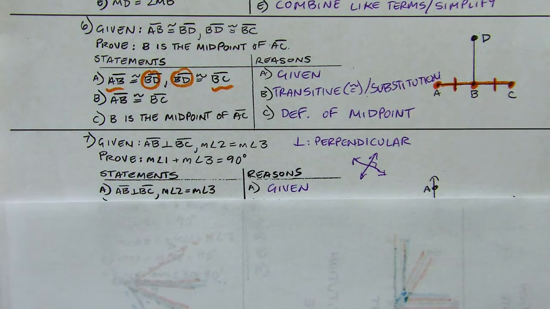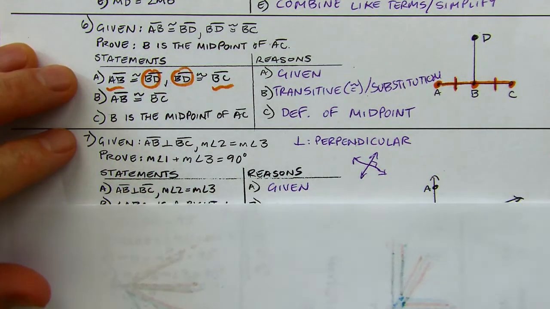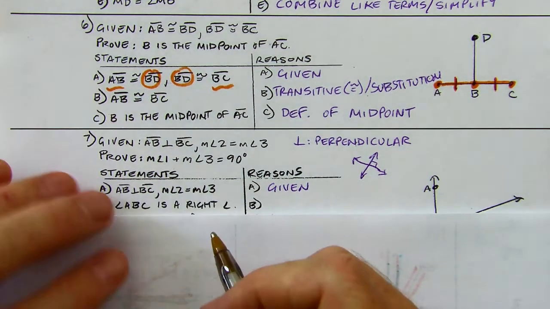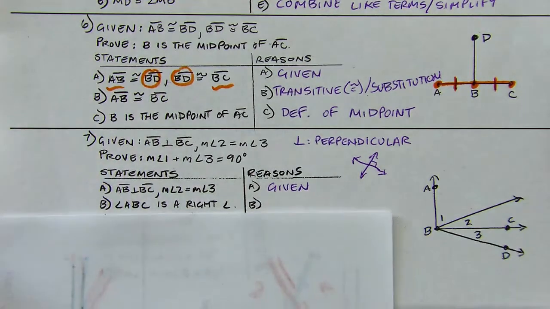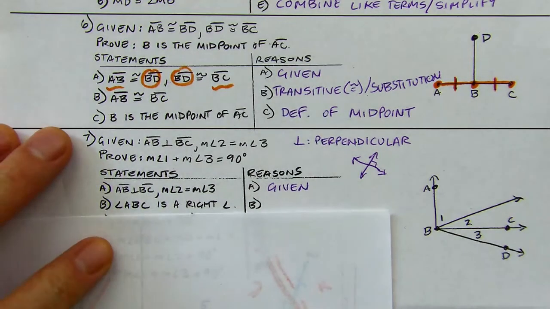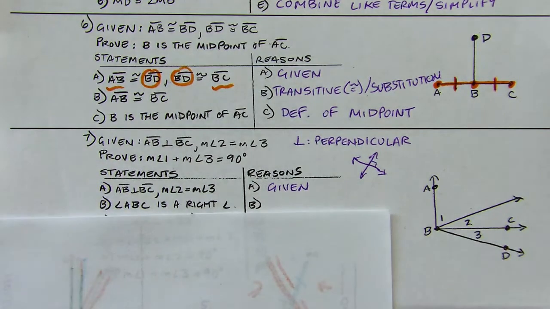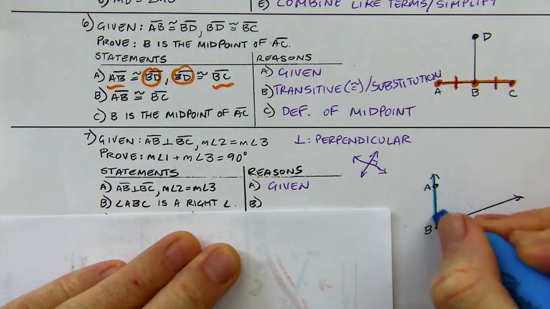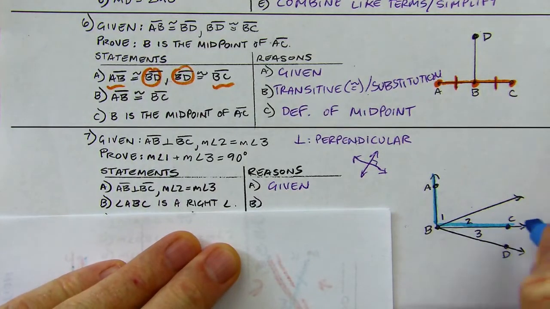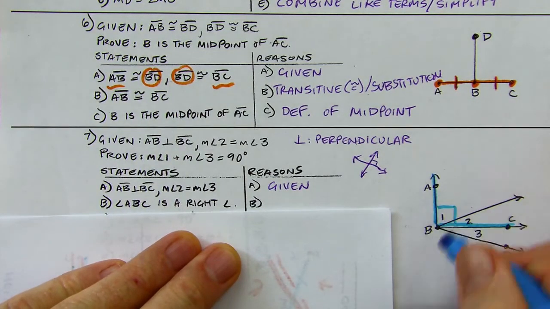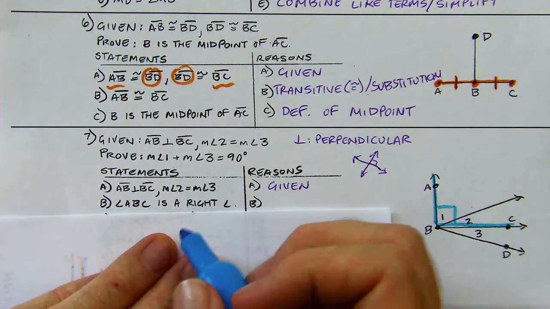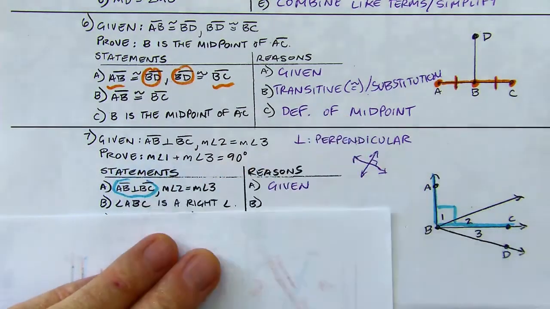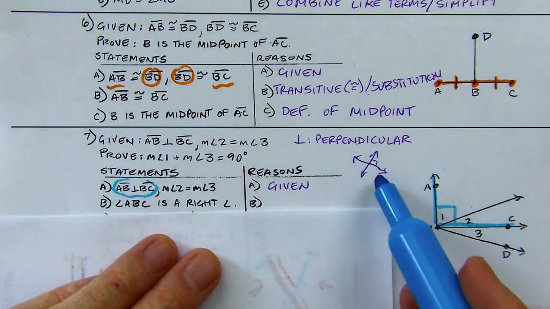Okay. All right. So given info, then it says angle ABC is a right angle. ABC is right here, is a right angle. How do we know? Well, it doesn't say in the given info, but it does say they're perpendicular, and perpendicular means they form a right angle.